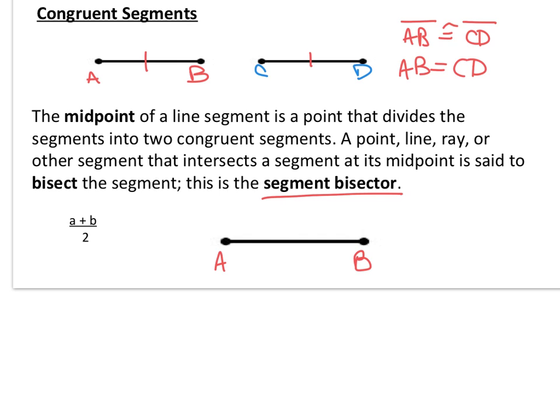So you're finding the halfway point if you're talking about on a number line or something like that. So in order to find the midpoint, let's say this is point M, you would add them up, divide by 2, you're finding the average. If you have a line, ray, something that's going through that point, that's said to be the segment bisector.